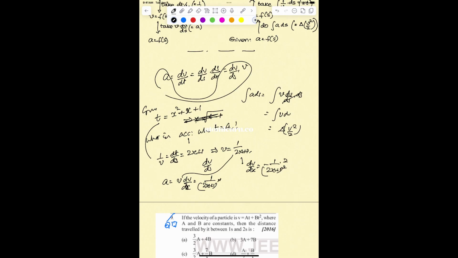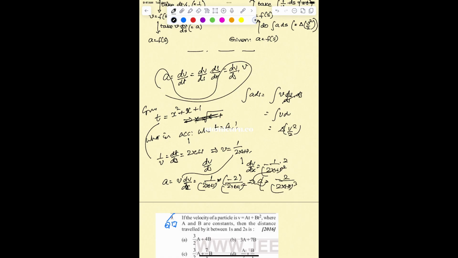Therefore multiply this by v, that is, minus 2 by 2x plus 1 whole squared. You get finally the acceleration equal to minus 2 divided by 2x plus 1 whole cube.